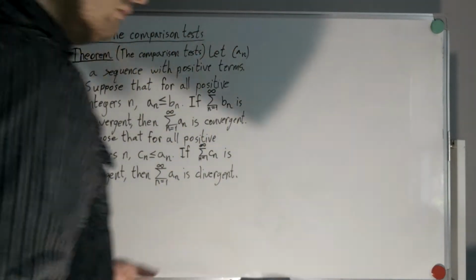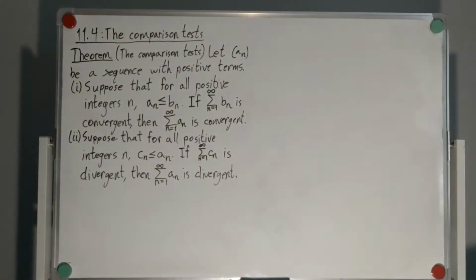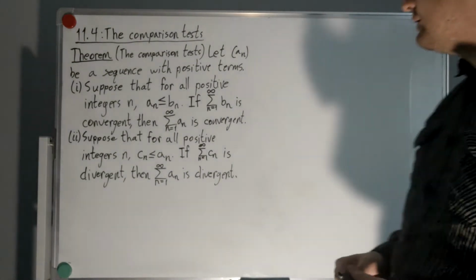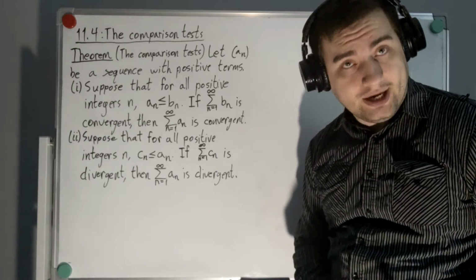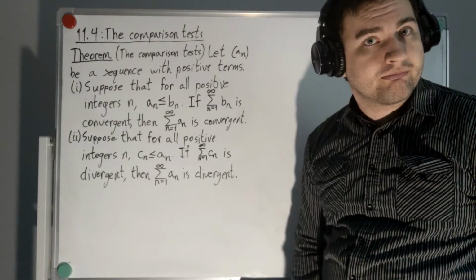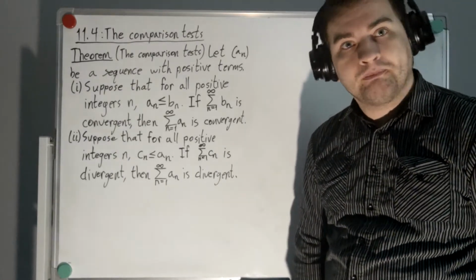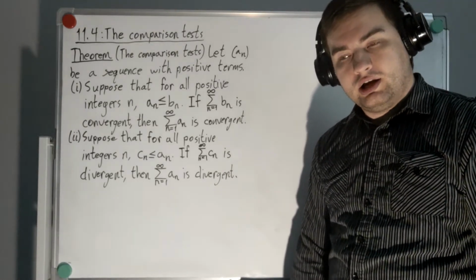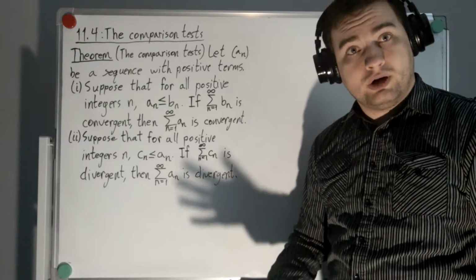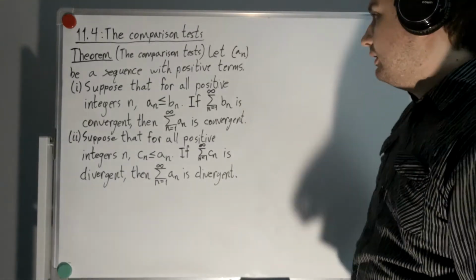Okay? So if you can find a series whose terms are smaller than the one that you're studying, and it diverges, the one that you're studying diverges as well. Okay? And again, these only go one way, all right?